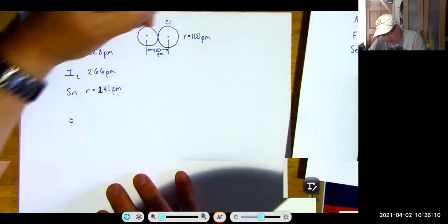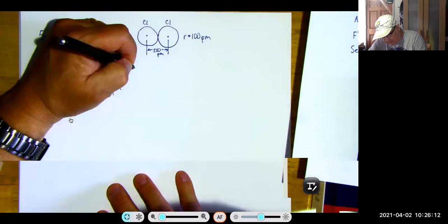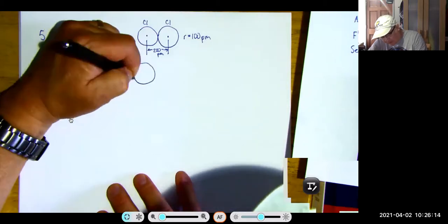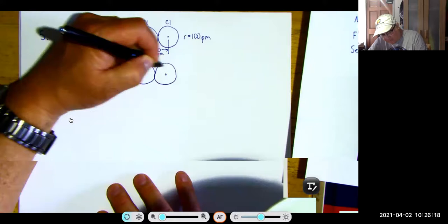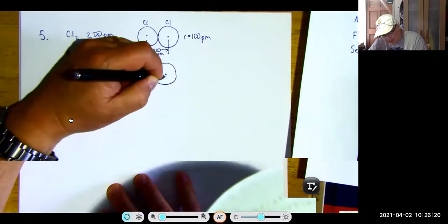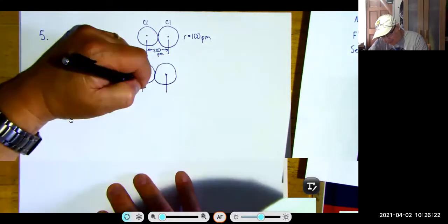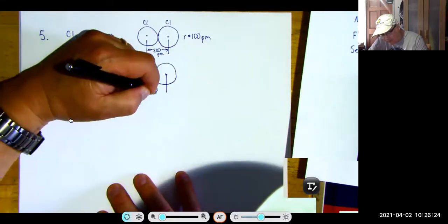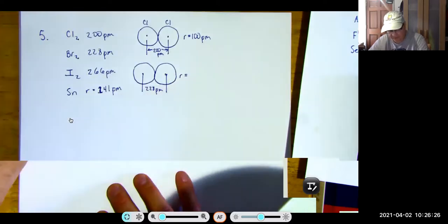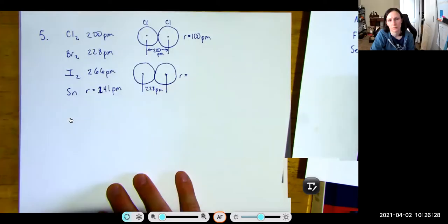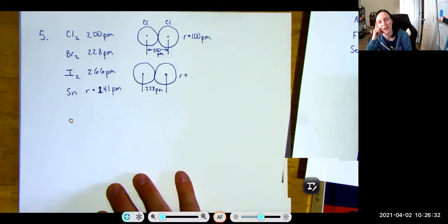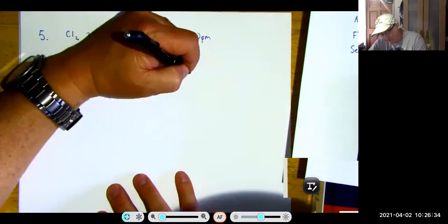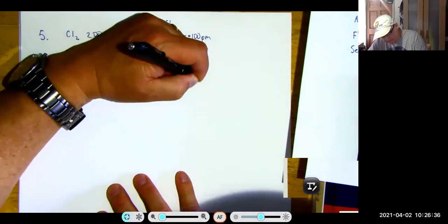Okay. So with bromine, these are supposed to be a little bit larger. This is 228 picometers. So what is the radius for bromine equal to? 114 picometers, right? Mhm.